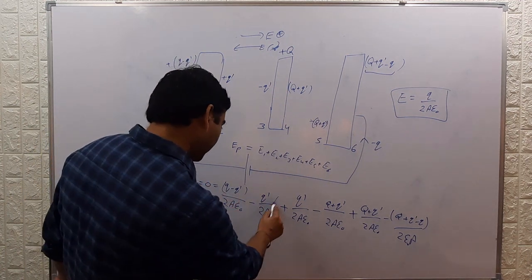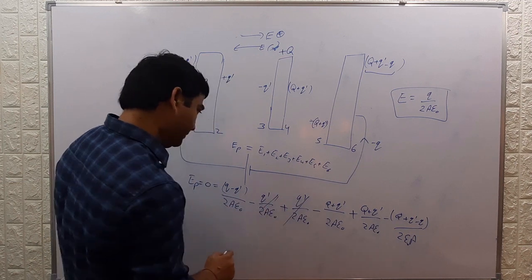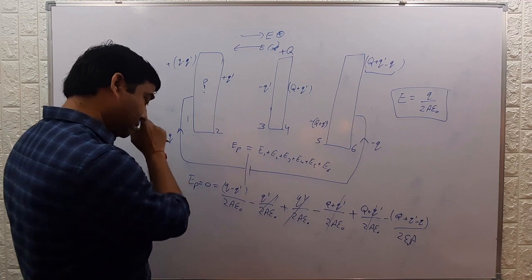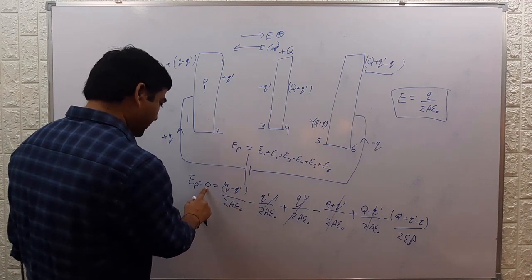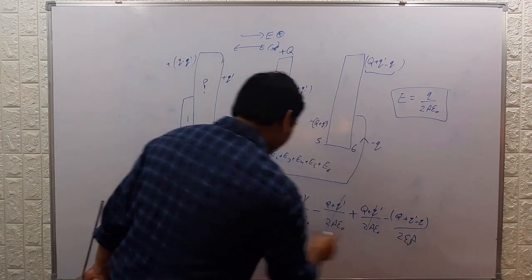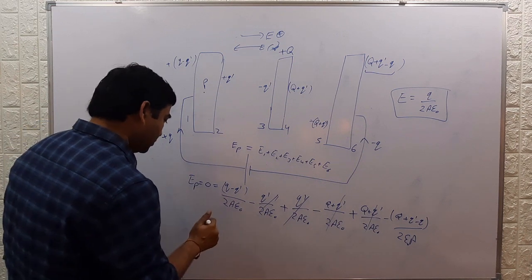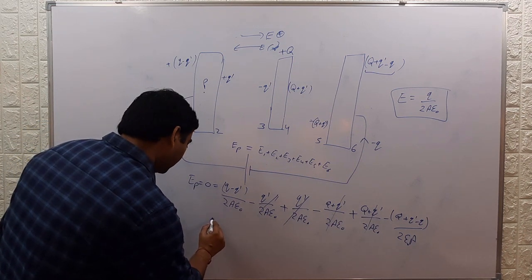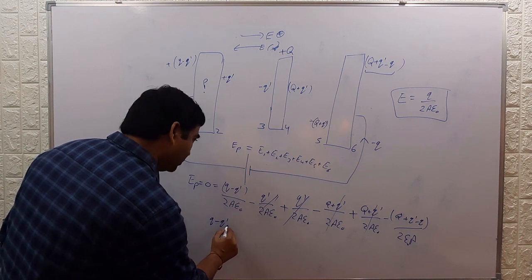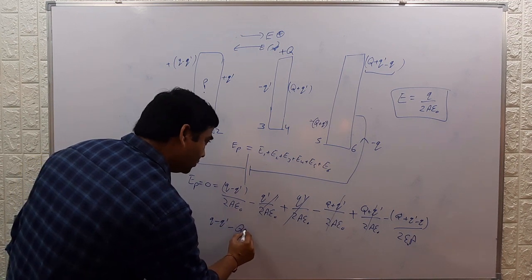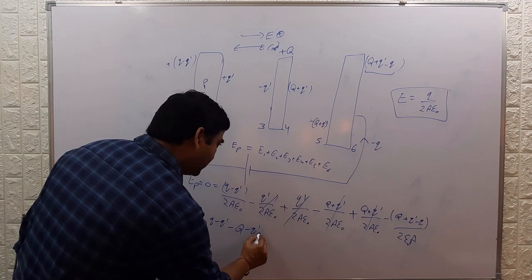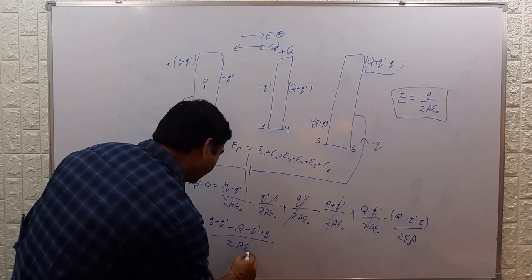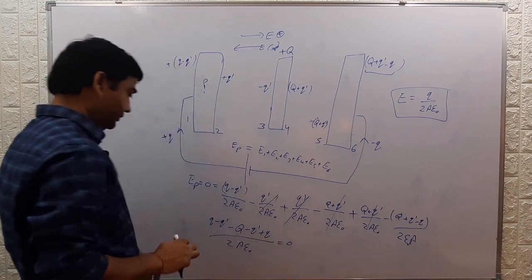Now this can be cancelled. This can also be cancelled. So we have this plus this is equal to 0. So we can say (Q minus Q dash minus Q dash plus Q) by 2A epsilon 0 is equal to 0.